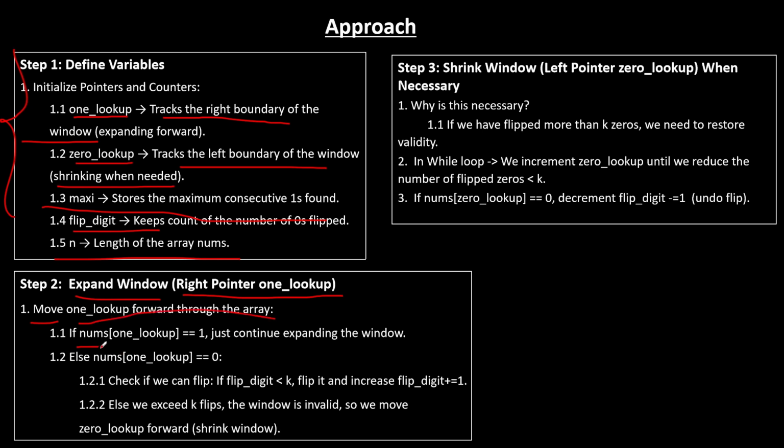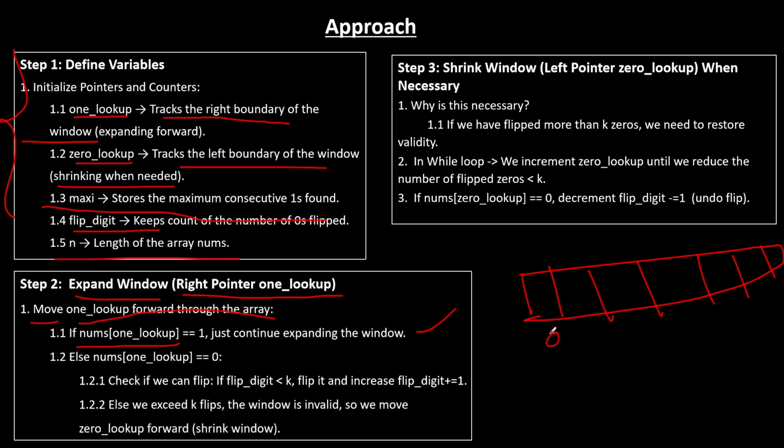If nums of one lookup is 1, if it is the one present in the array, we will just increment it. That's all. We will expand the window. So if this is the window, this is the array, and let's assume it to be, for the sake of explanation, 1 1 1 0 0 1.